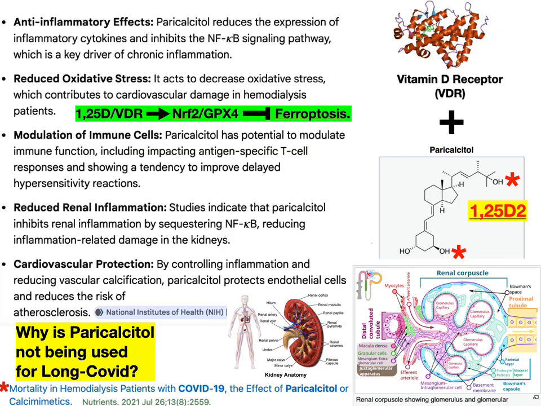Anti-inflammatory effects. Paricalcitol reduces the expression of inflammatory cytokines and inhibits the nuclear factor kappa B signaling pathway, which is a key driver of chronic inflammation. Reduced oxidative stress. Paricalcitol acts to decrease oxidative stress, which contributes to cardiovascular damage in hemodialysis patients.